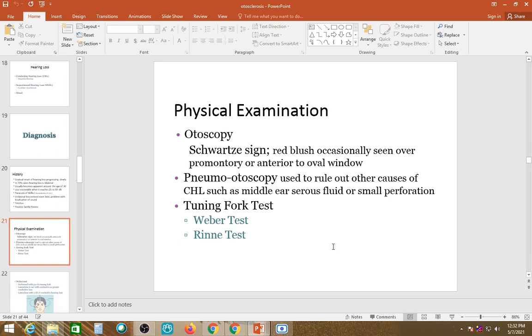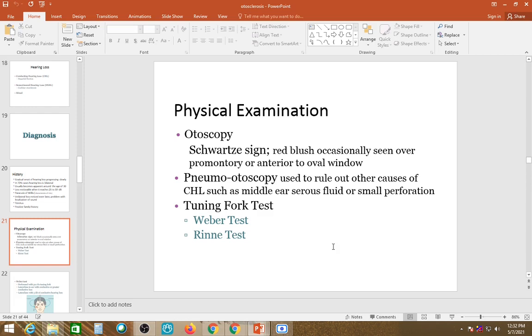In the physical examination, otoscopy is going to be performed. The Schwartz sign, already mentioned earlier, the red blush occasionally seen over the promontory or anterior to the oval window.